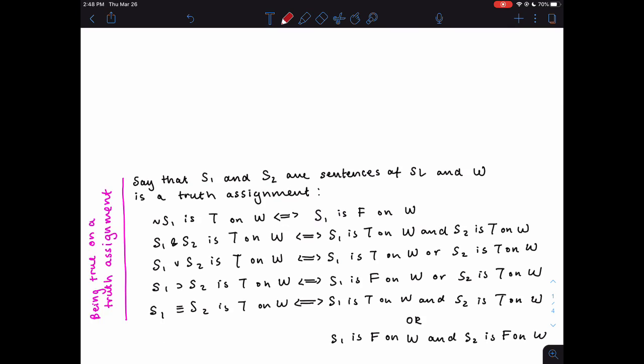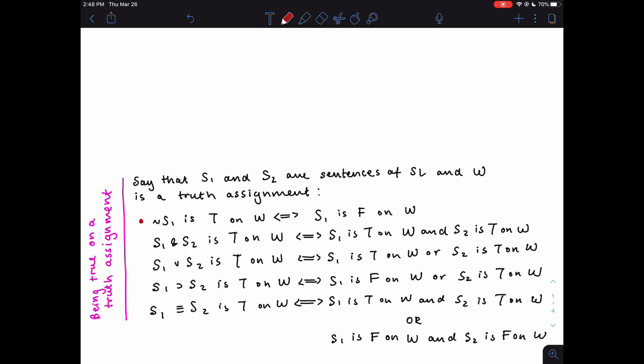So here I've written out exactly the things that we know from learning about the truth tables of each of the 5 logical connectives. Okay, so say that S1 and S2 are sentences of SL, and W is a truth assignment. So let's start with this first claim.